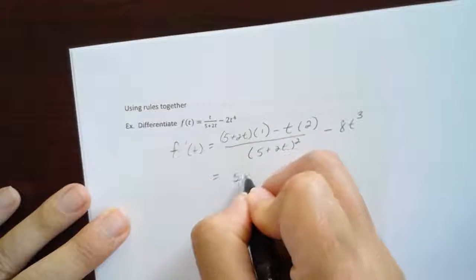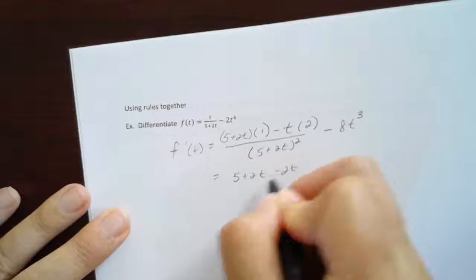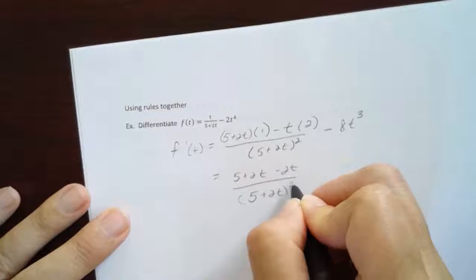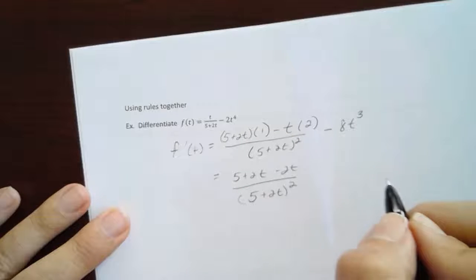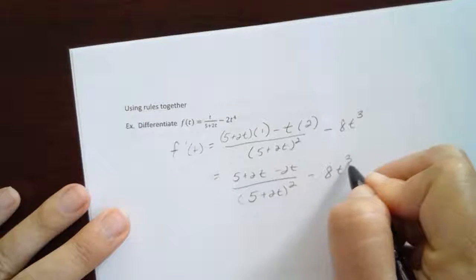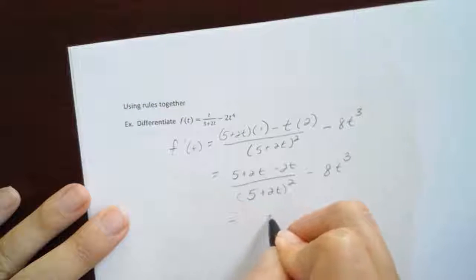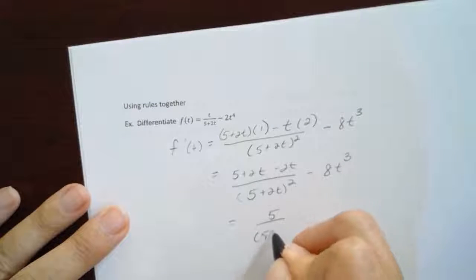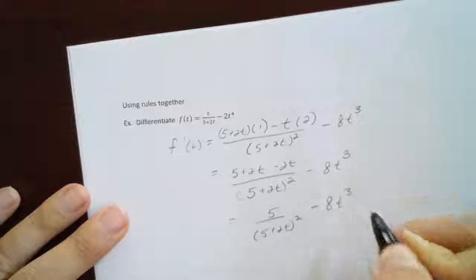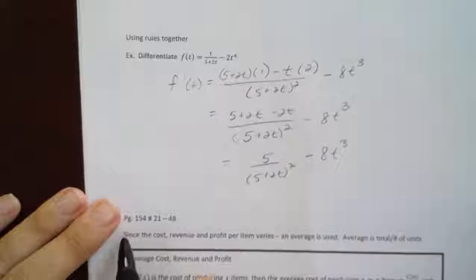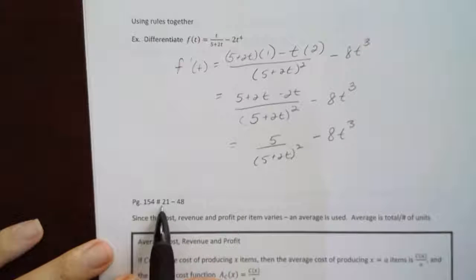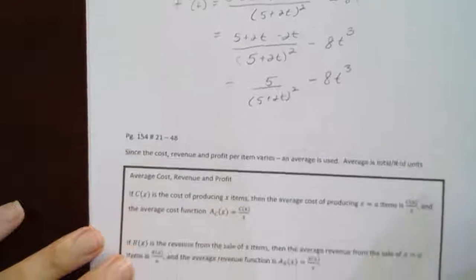It will be 5 plus 2t minus 2t all over 5 plus 2t quantity squared minus 8t cubed, which is just going to be 5 over 5 plus 2t squared minus 8t cubed. Problems like this can be found on page 154, numbers 21 through 48.